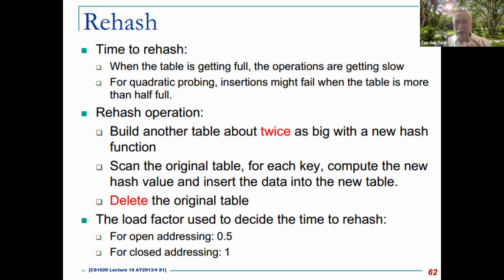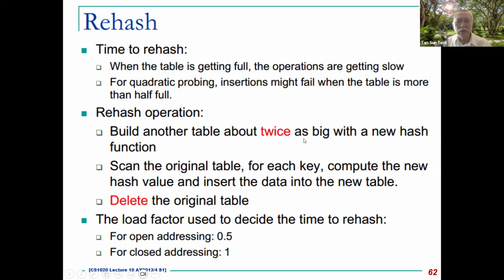So when the table grows too full, we have to rehash. Otherwise, the operation will become very slow. So for quadratic probing, the insertion might fail because we cannot find the empty slot when the load factor is more than half.